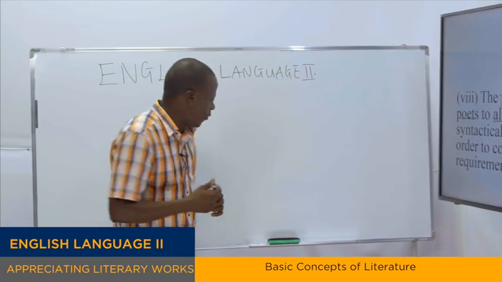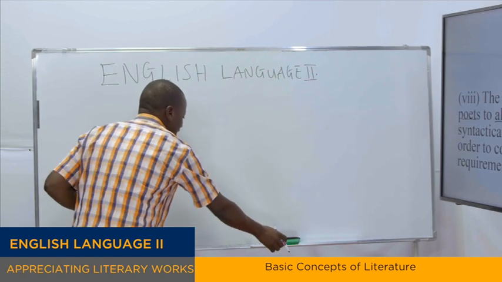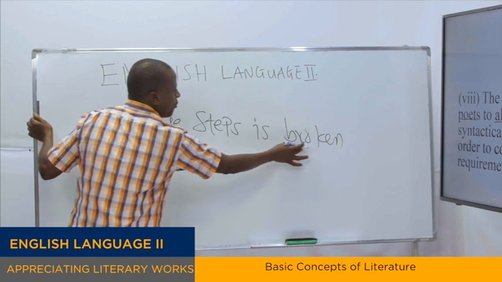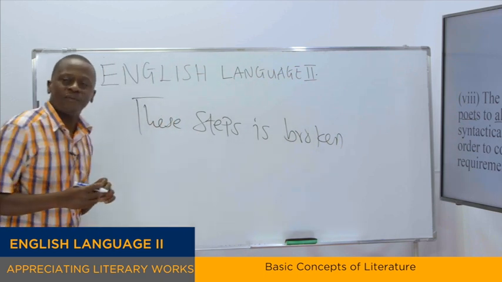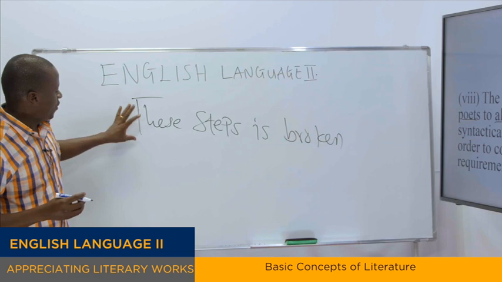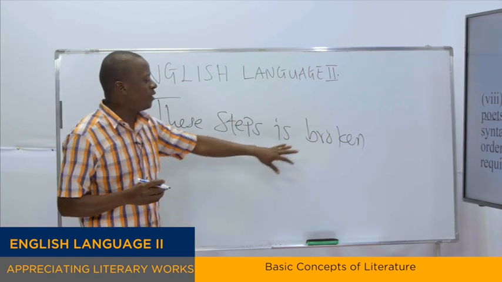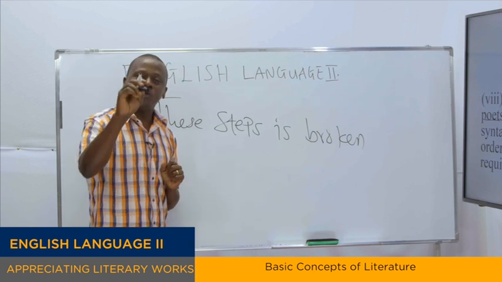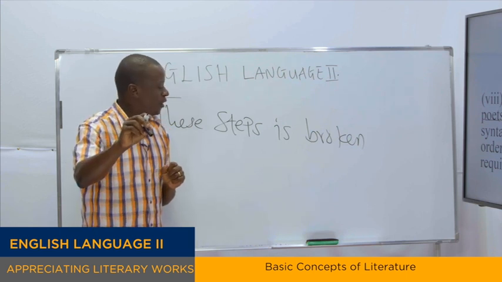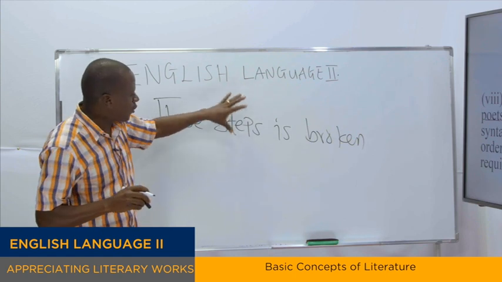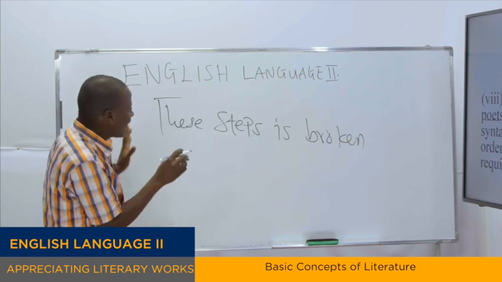When someone, for example, says, these steps is broken. Look here, my students. This particular sentence, these steps is broken. If I'm to ask you, what's wrong with this particular sentence? Is it grammatically correct? Is it syntactically correct?